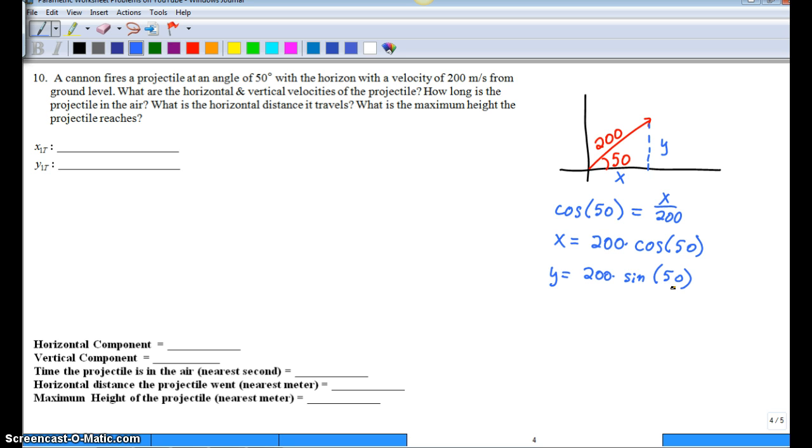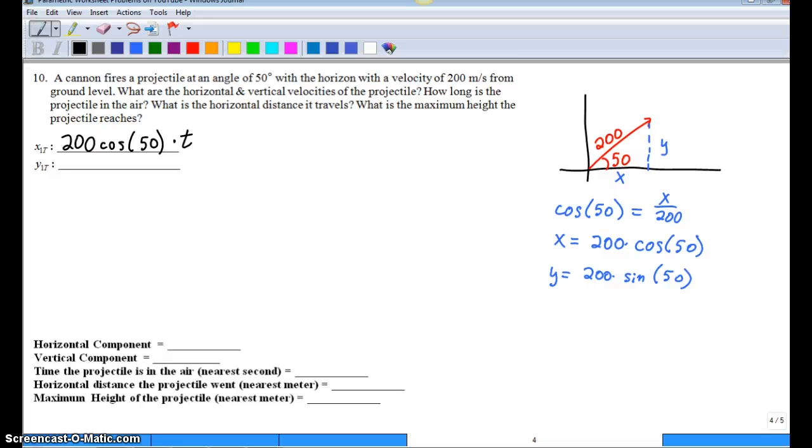So in terms of our x1 and y1 for our parametric equations here, remember x1 is always your horizontal component of your velocity, so 200 cosine 50. It's the horizontal component times t. We don't have any other wind taken into account.